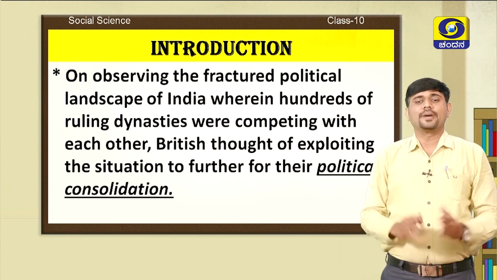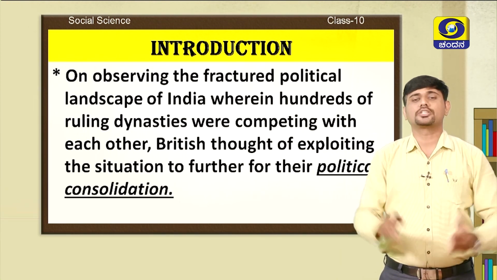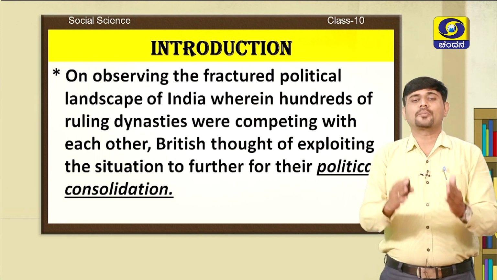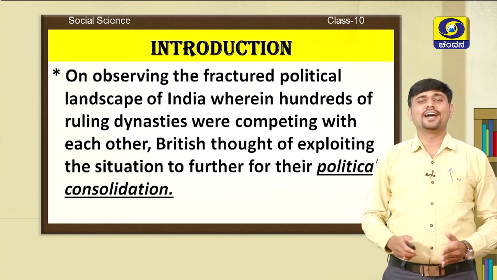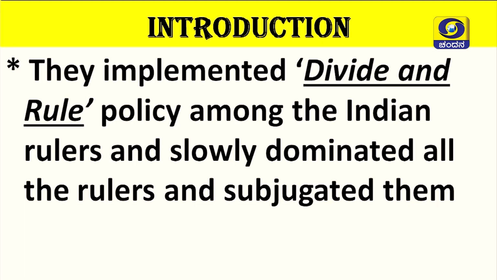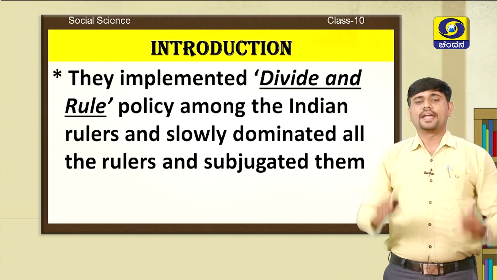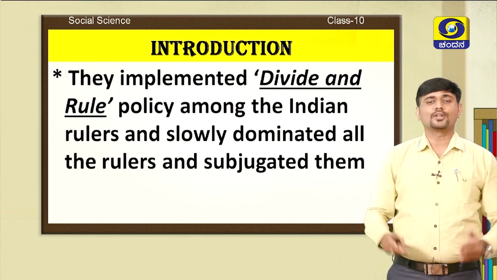The British thought of exploiting the situation for their political consolidation in India. The British also implemented the divide and rule policy among the Indian rulers. With that, they slowly dominated all the rulers, subjugated them, and took the Indian native kingdoms under their control.